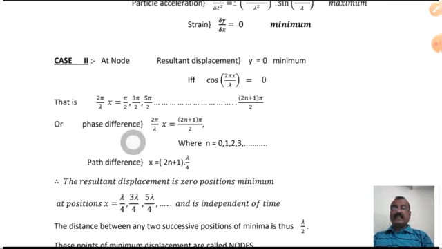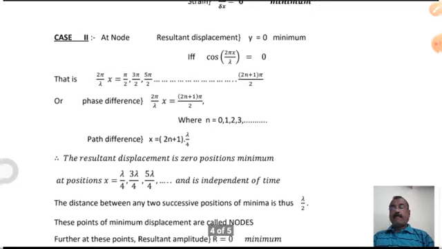Phase difference 2 pi x by lambda is an odd multiple of half of pi. Path difference is an odd multiple of 1 by 4th of lambda.